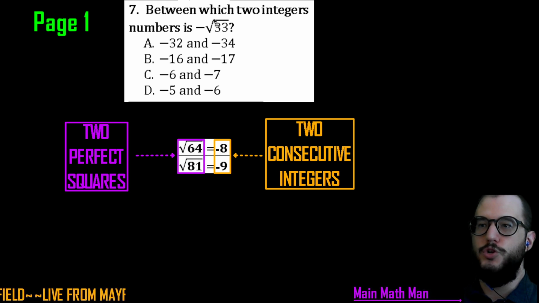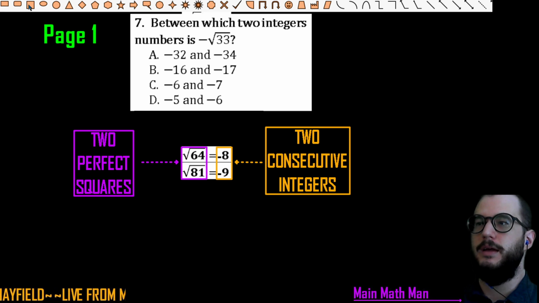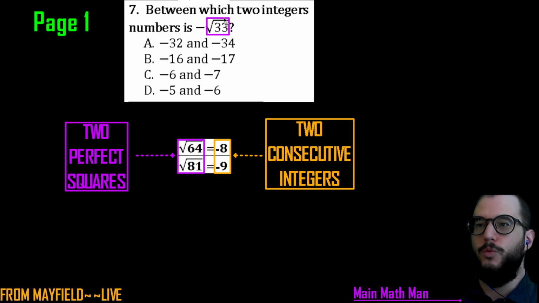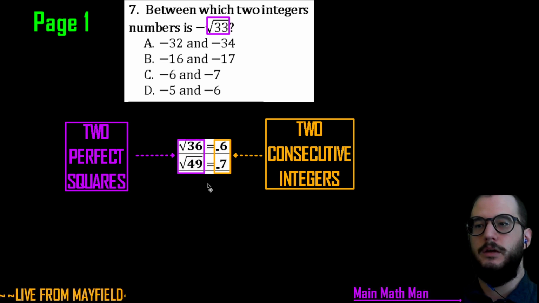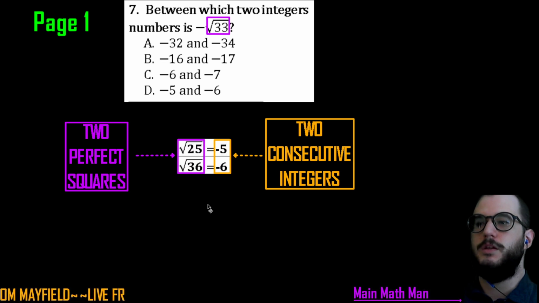We're looking for the 2 perfect squares that this number falls between. So for this number here, again, I'm looking at that square root. Where does this square root fall between? Well, it's not between 64 and 81. Keep scrolling, it's going to go between 25 and 36.